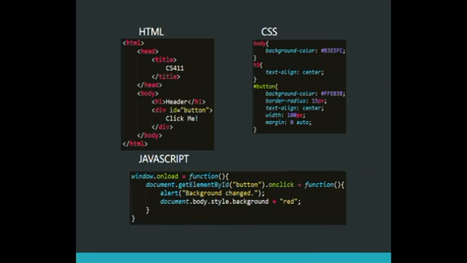This one is referring to a specific ID, in this case button. It sets the background color and sets the border radius, which makes a round corner. Then the text line puts the text in the center, sets the width of the button, and sets some sort of margin. Basically it's just setting the style of your content.